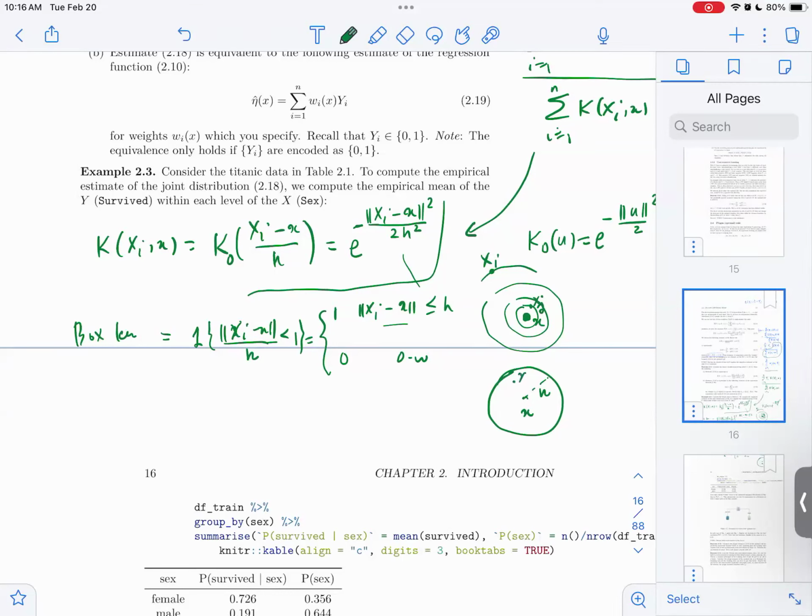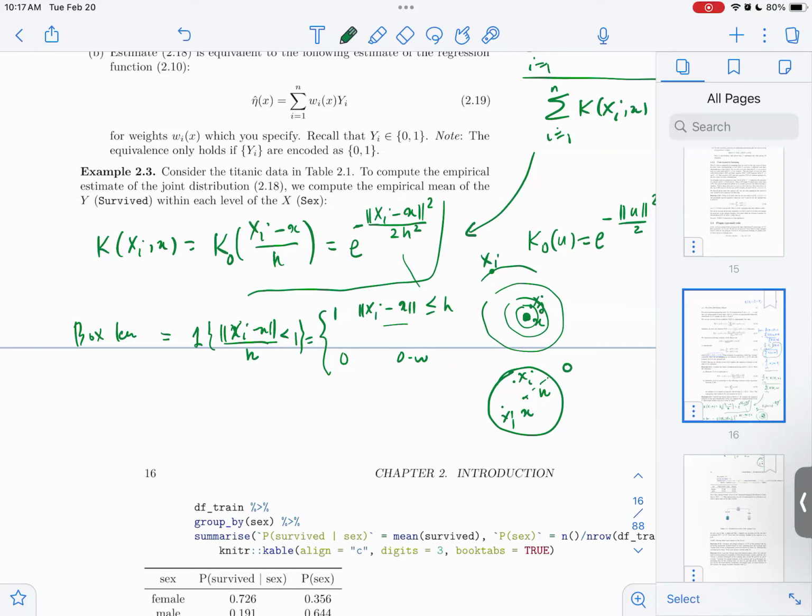Any xi that lies here gets a weight of 1. Anything that's outside gets a weight of 0. So this is a sharp transition. The Gaussian goes slowly downwards; this goes sharply downwards. But it's the same thing.